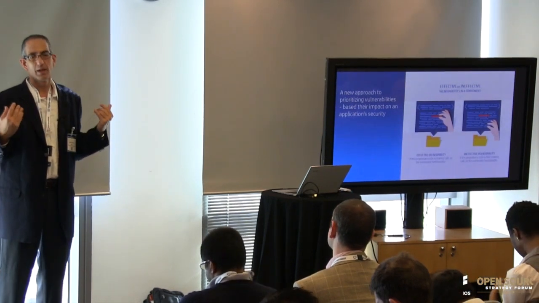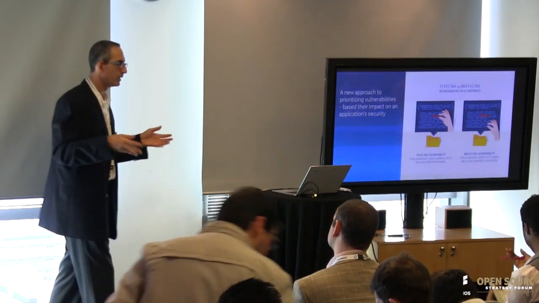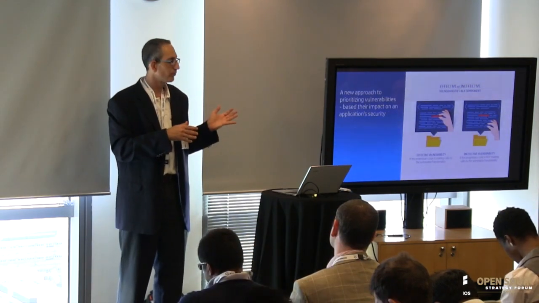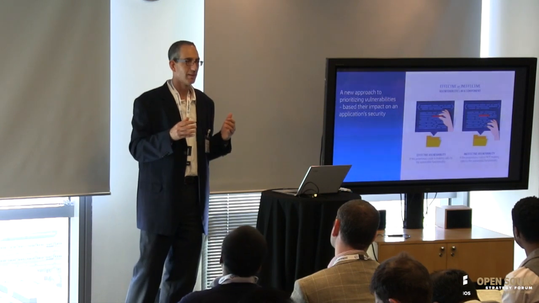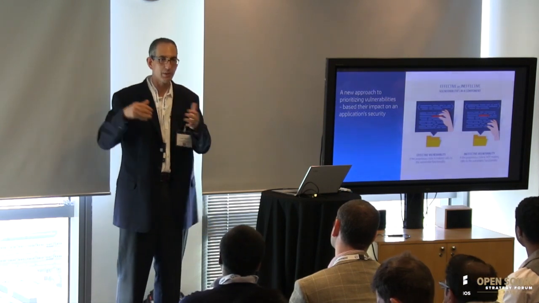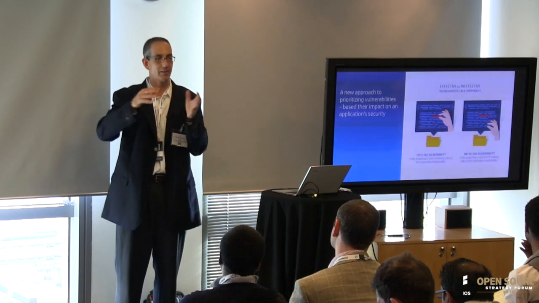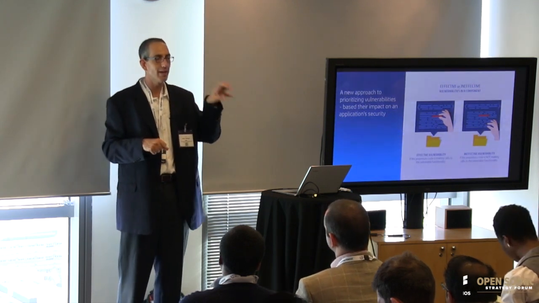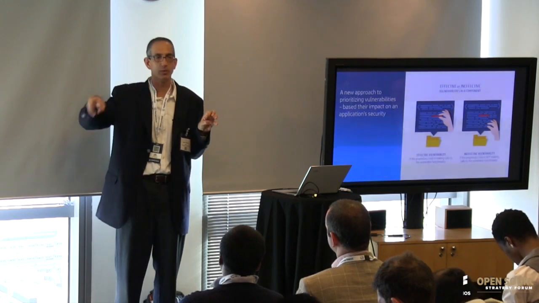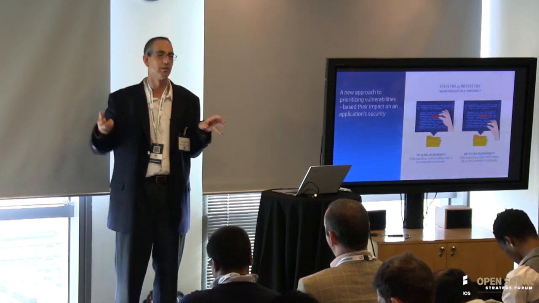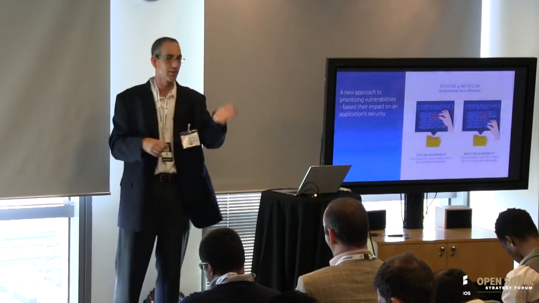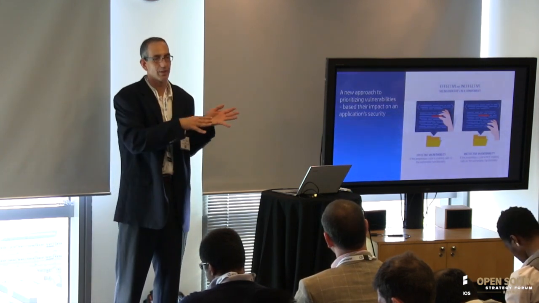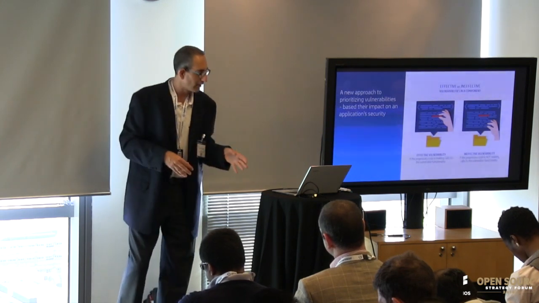There was the Apache Struts vulnerability that Equifax was vulnerable to, but I may have this vulnerability reported because I'm using the same version of Apache Struts, while my application may never call the vulnerable code or the vulnerable function. So that means it's less risky. Maybe the next release will eventually get there, but for now, I'd better focus on other priorities first.